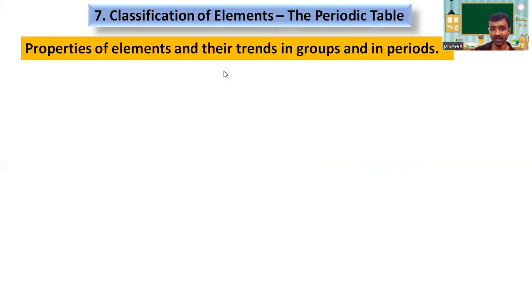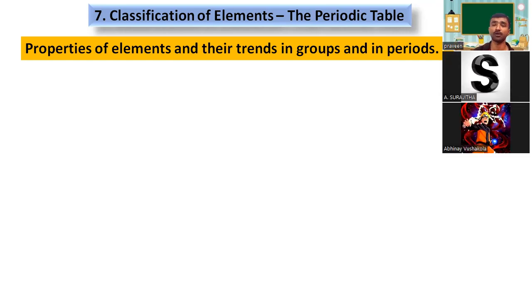What we're discussing here is periodic properties. So what are the periodic properties? What is the meaning of periodic properties? Properties means we know something it is showing. But periodic properties means, can anybody answer?